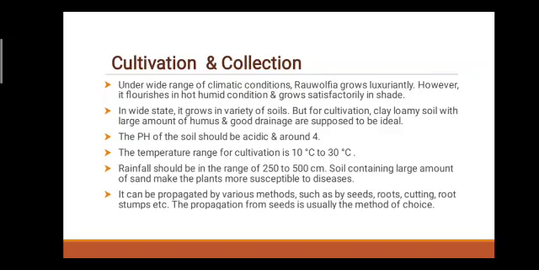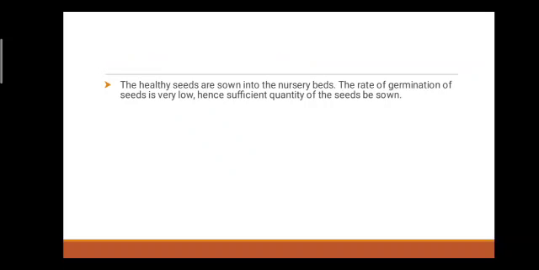It can be propagated by various methods such as by seeds, roots, cutting, root stumps, etc. The propagation from seeds is usually the method of choice. The healthy seeds are sown into the nursery beds. The rate of germination of seeds is very low, hence sufficient quantity of seeds should be sown.